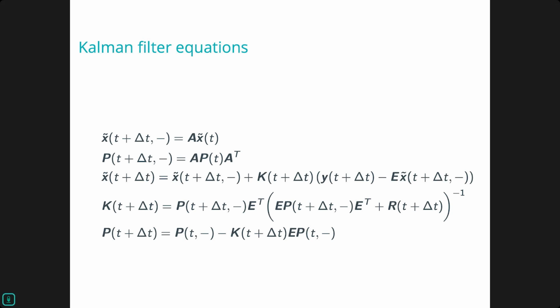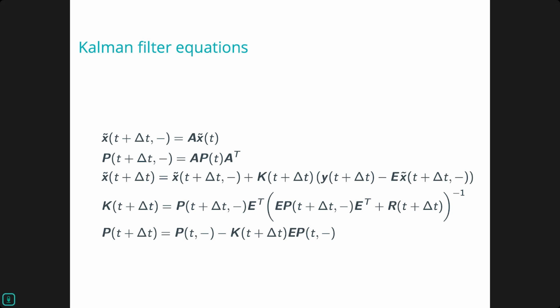Because your observations are not necessarily the model state itself. For instance, the satellite observation is radiance, whereas your model state variable may not be radiance, it's temperature, for instance. So you have to convert temperature to radiance to compute that difference. So that's what is happening here.